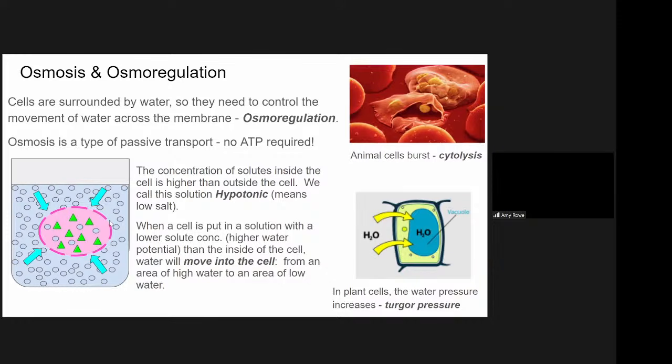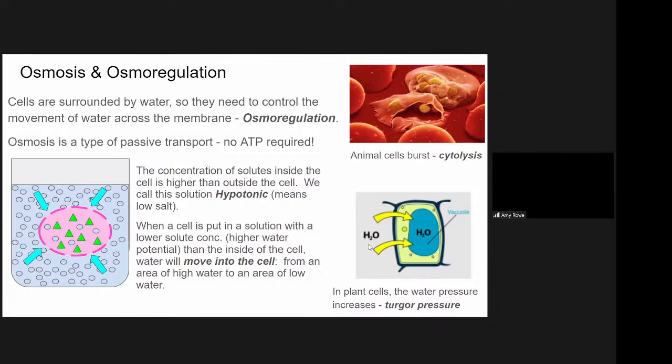So if we put our cell into a solution with a higher water potential than the inside of the cell, water will move into the cell from an area of high water concentration outside to an area of lower water concentration inside. If this isn't controlled with our animal cells up here, we get what's called cytolysis. This is where a whole lot of water has moved through our animal cell membrane into the cytoplasm of our animal cell, which has caused the cell basically to swell up to the point that it bursts or lyses.